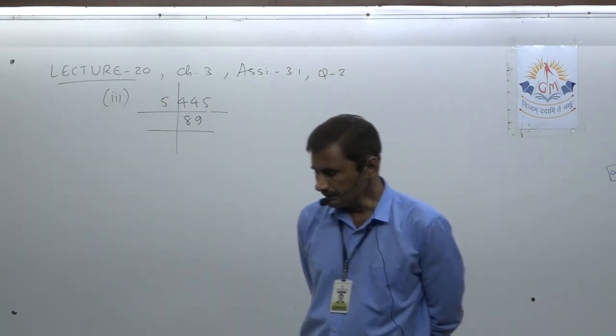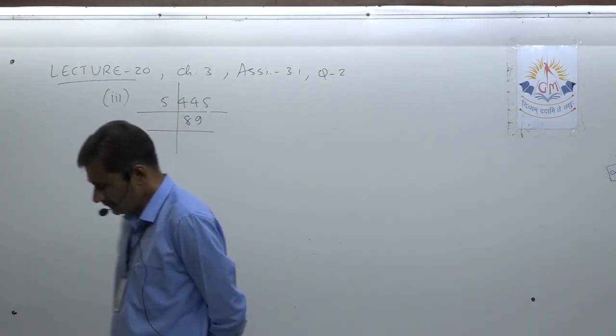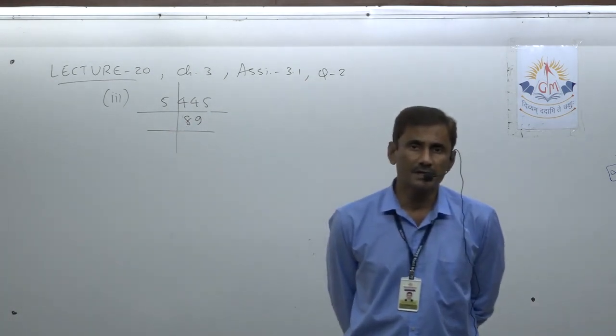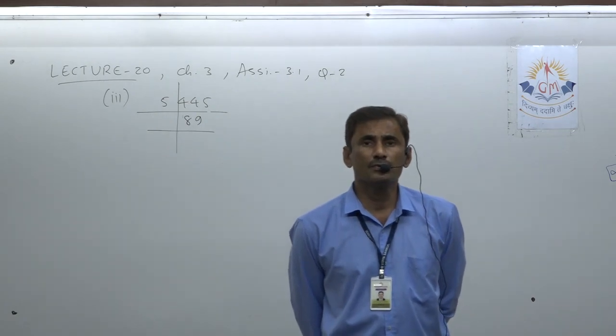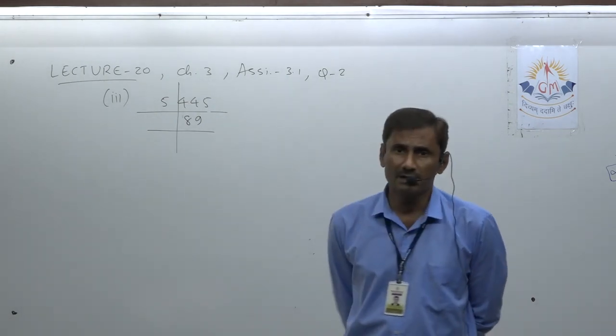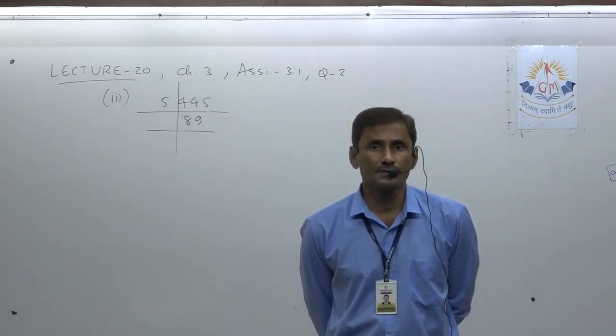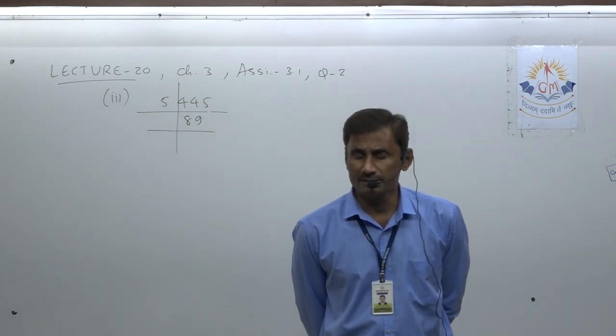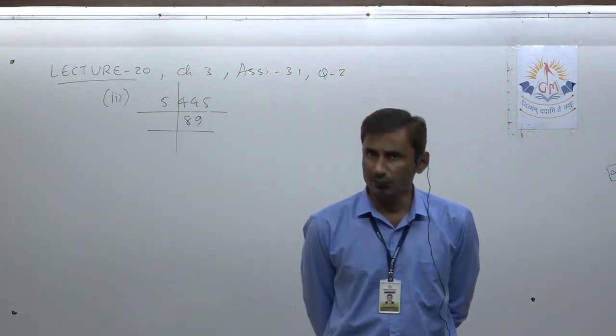Again, if you want to determine whether a number is prime or not, go up to its square root only. Its square root is below 10, so we don't cross 10. We check dividing by 2, not divisible. Try 3, not divisible.